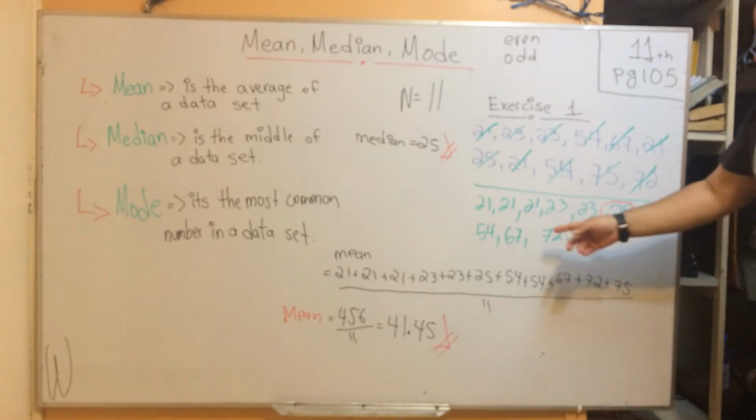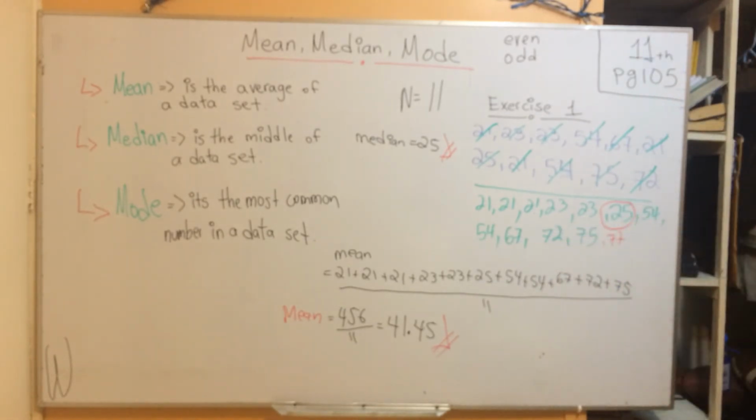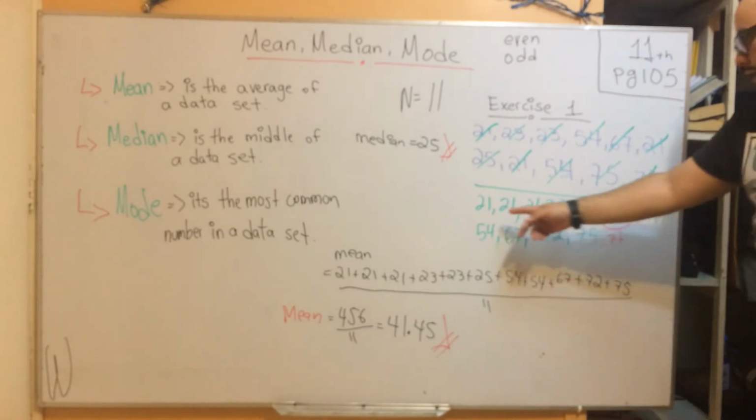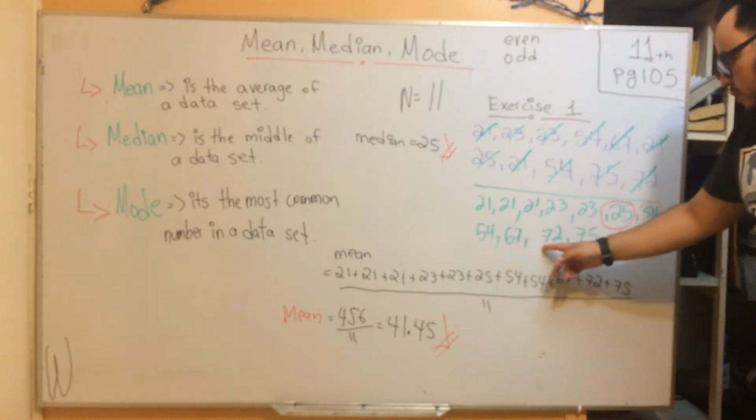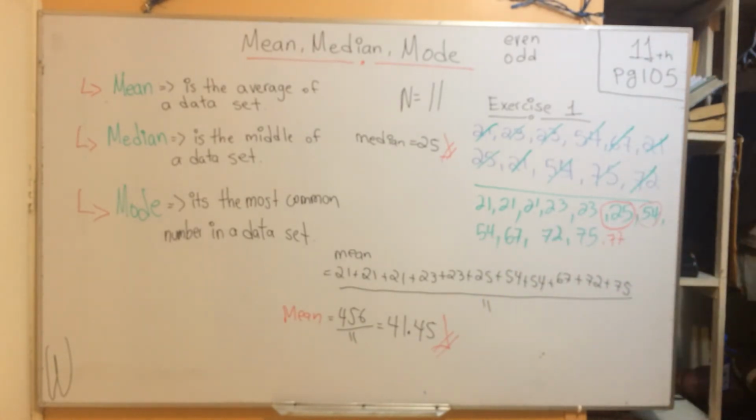In this case, it's going to be 25 and 54. We have 5 numbers on this side and 5 numbers on this side. Now, how do we find the median?